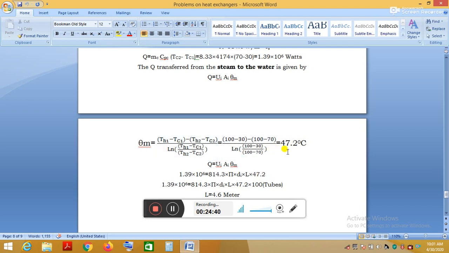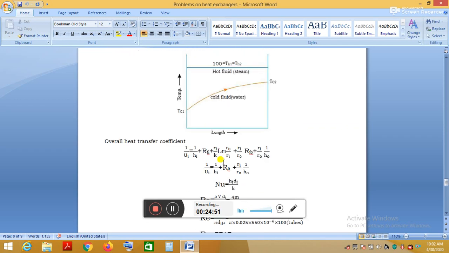Theta m can be found out. LMTD can be found out using this equation with TH1 minus TC1 and TH2 minus TC2, considering it as a parallel flow heat exchanger.